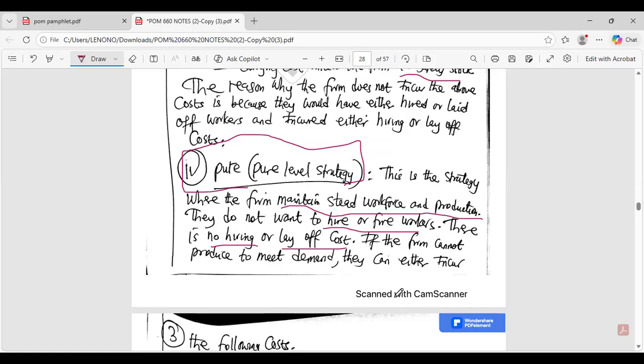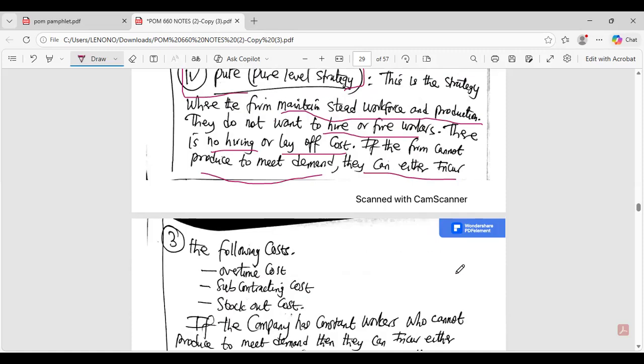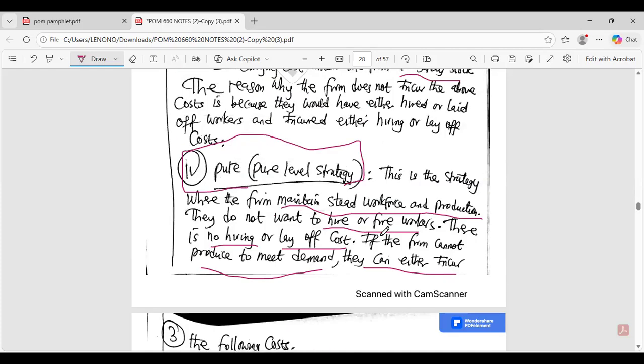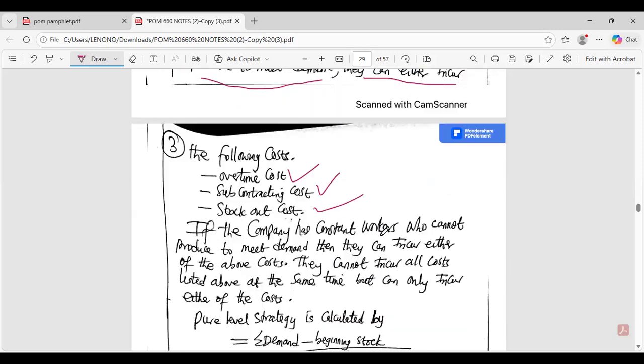If the firm cannot produce to meet demand, they can incur either overtime cost, subcontracting cost, or the stockout cost. So this is it on the pure labor strategy.